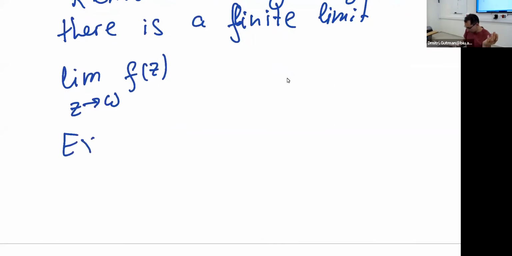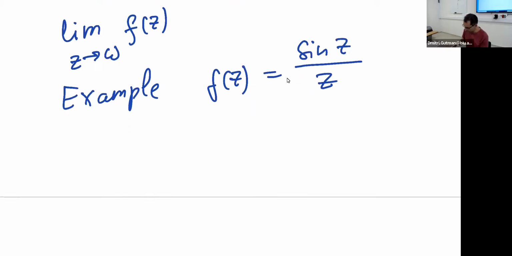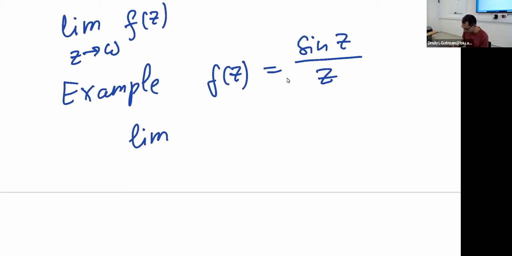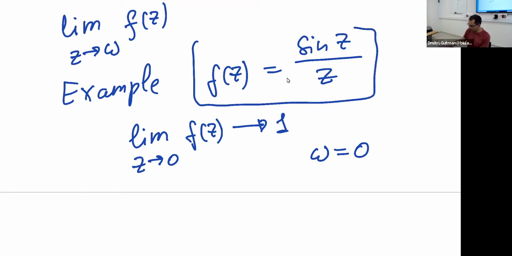Example, function f of z equal sine z over z. As you can obviously see, as z goes to 0, f of z goes to 1. So the point W equals 0 is a removable singularity of this function. Z equals 0 is obviously a special point.